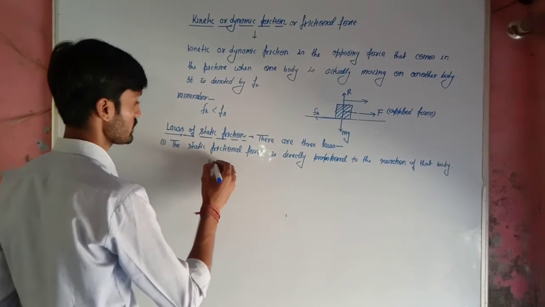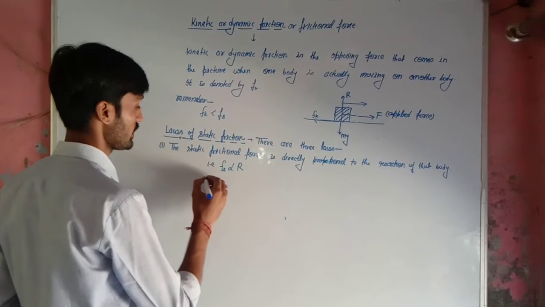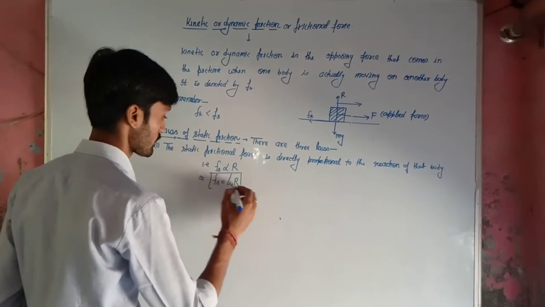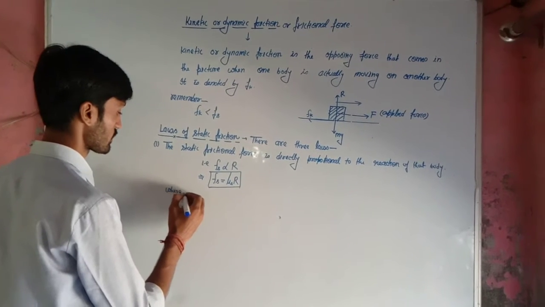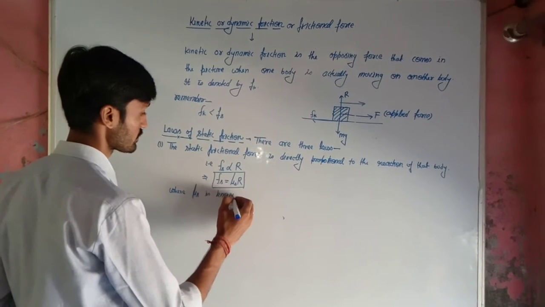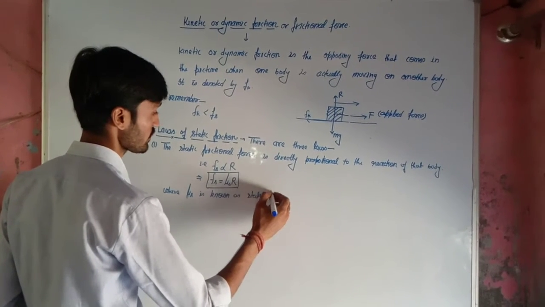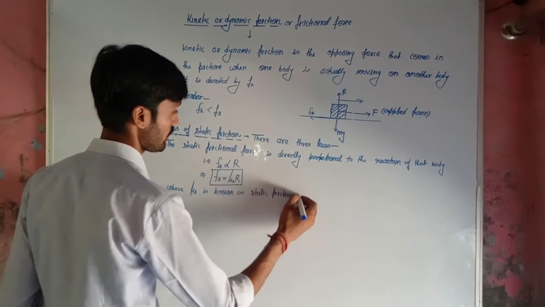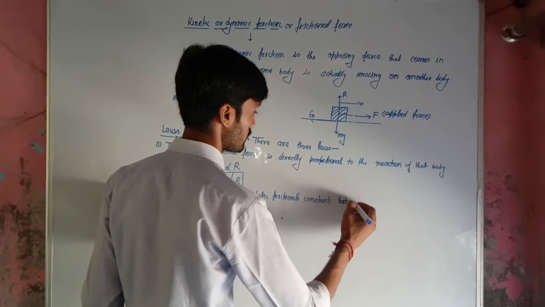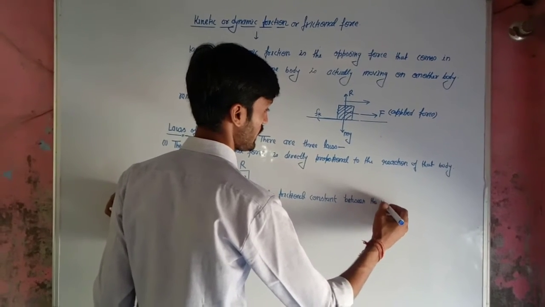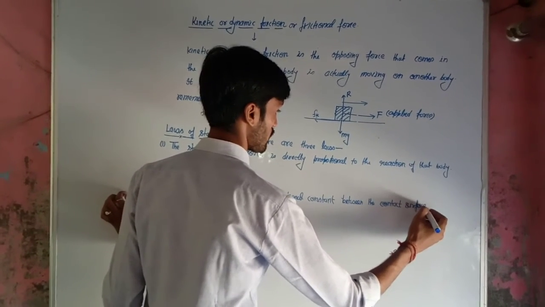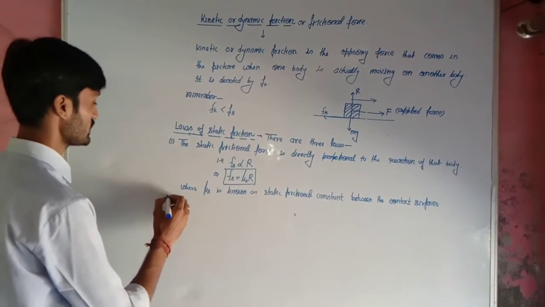Okay, so that is Fs is directly proportional to R, implies that Fs equals mu s into R, where small mu s is known as static frictional constant between the surfaces, contact surfaces. Okay.